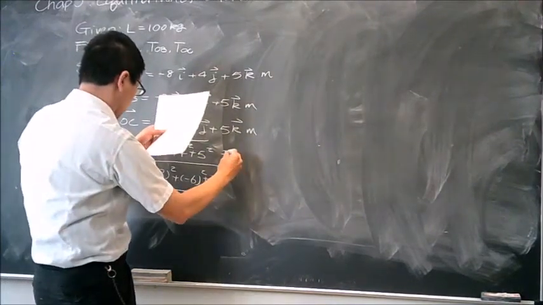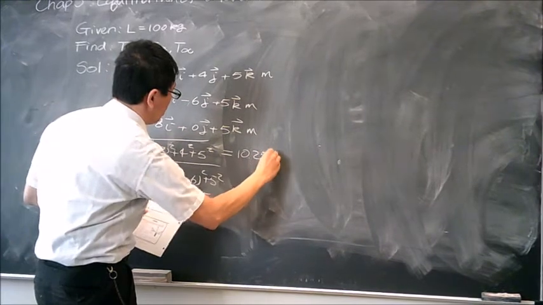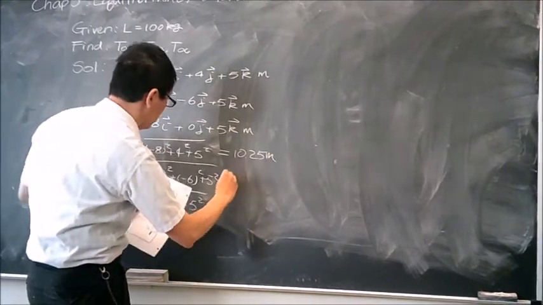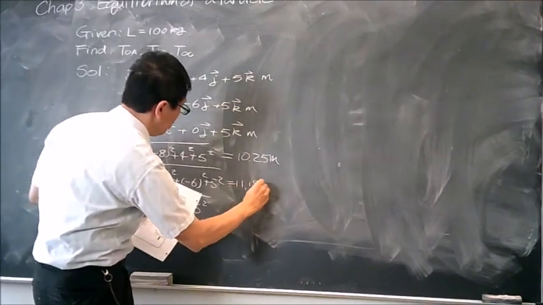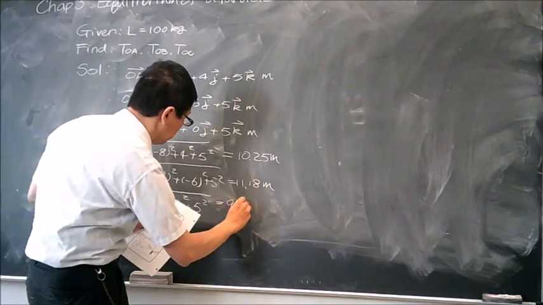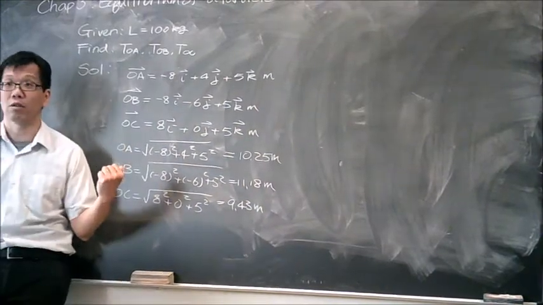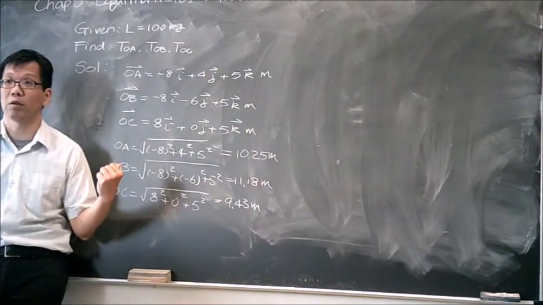So you're going to get OA equals 10.25 meter. This one is 11.18 meter. This one is going to be 9.43 meter. So far, any question? Everybody understand what I'm talking about?